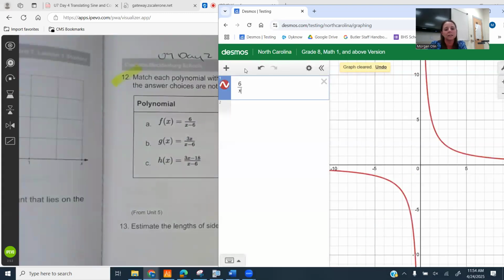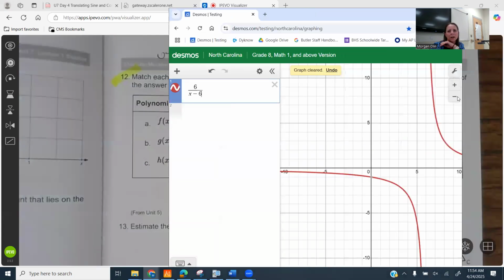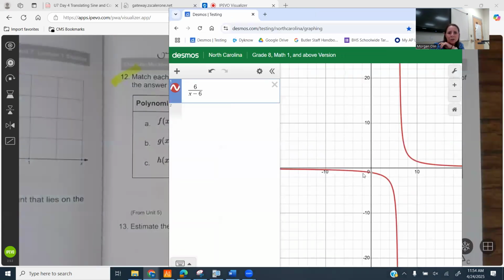So this is 6 divided by x minus 6. When I start looking here, as x goes to negative infinity, I'm looking here. And as x goes to positive infinity, I'm looking here. Well, where is this value going to? When we talked about this, I think it was unit 4, rational functions, look at it. It's laying down and it's barely touching what line right here?